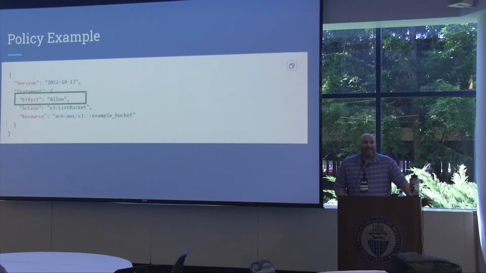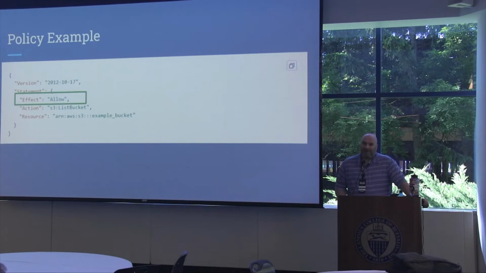The effect is what does this clause of this policy allow you to do? Like I mentioned before, AWS has a default deny, so you need to allow a specific permission. In this example, it's allowing something. You can also create a policy that denies specific actions.